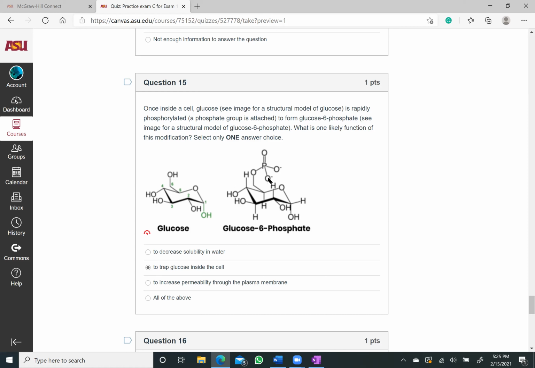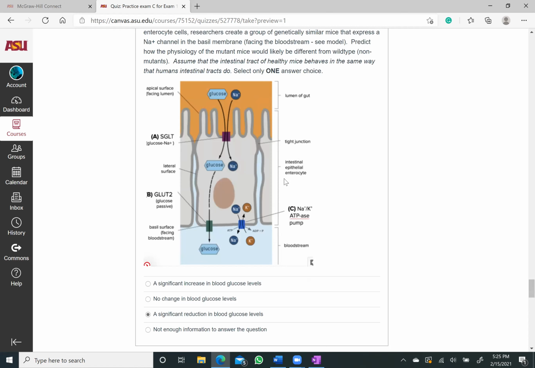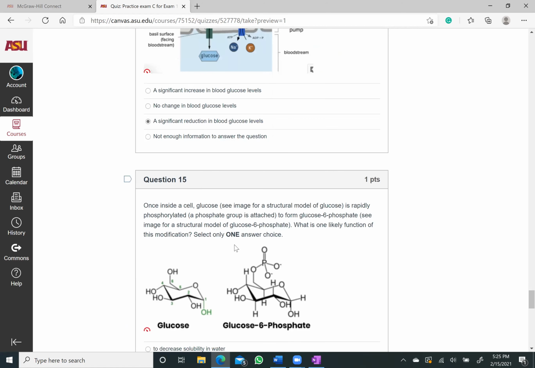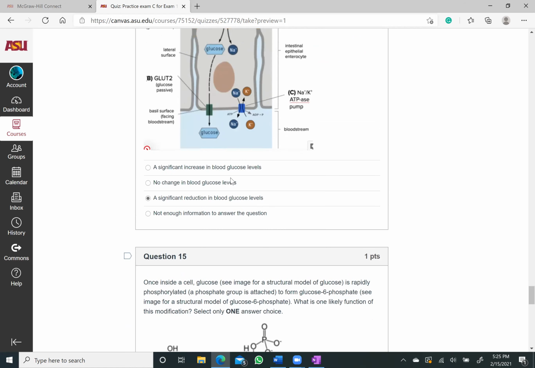When you add that huge polar region right there, first of all, there's no way this is going through the cell membrane. But with this, it will prevent it from going through transporters. So if you go up here, you see this transporter, how glucose can also go out the cell into the bloodstream. Well, when it gets phosphorylated, that ain't happening.